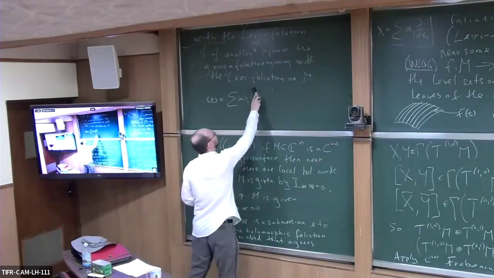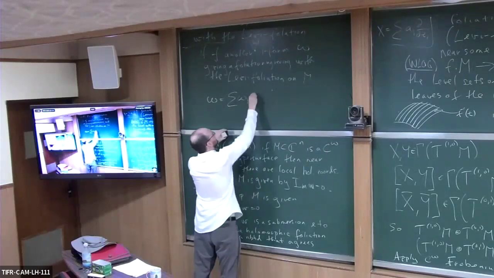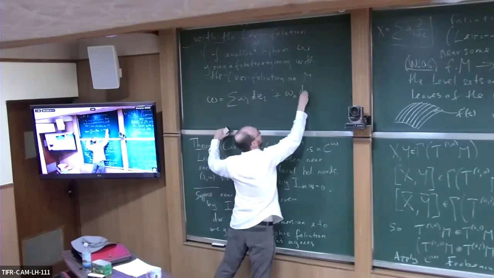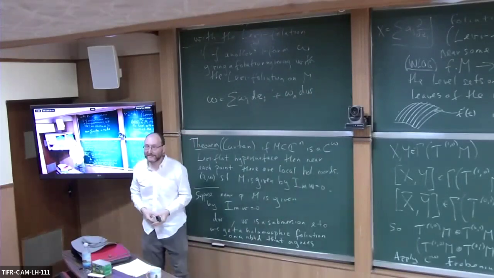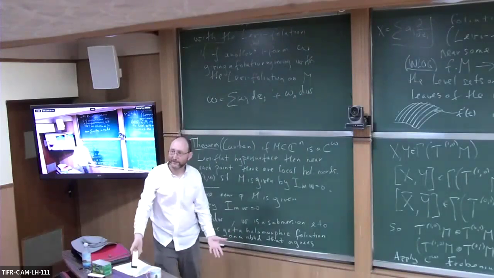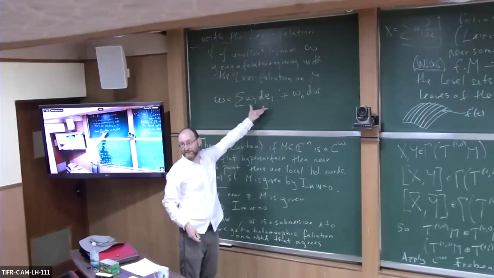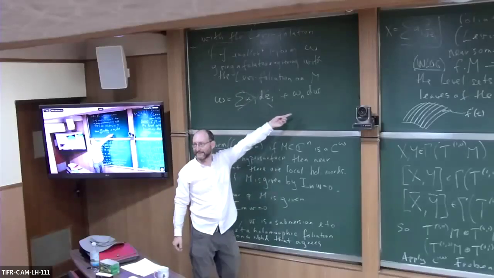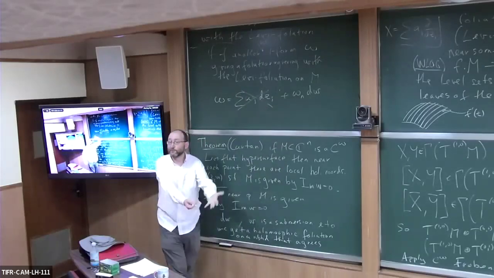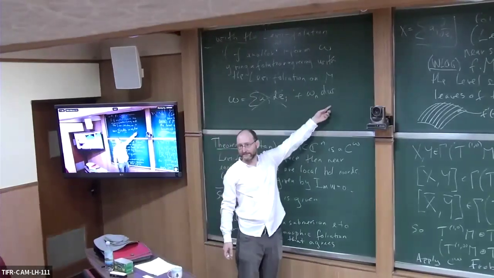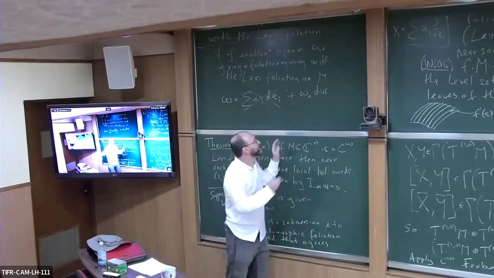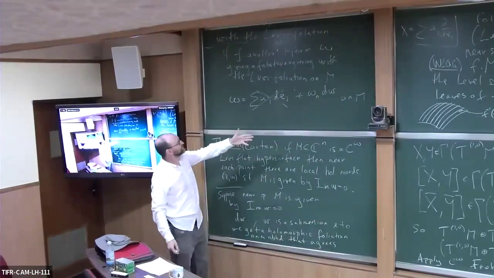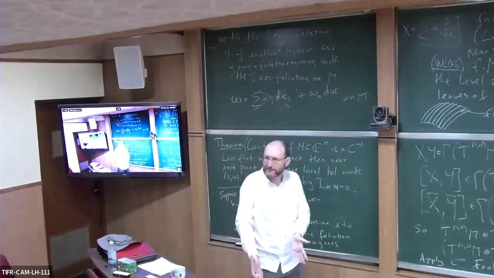So I have the j, and then I have omega and dw, but it has to point in the same direction. How could it point in the same direction? These are 0, so these are not there, and what I'm getting is just a holomorphic function times dw on M. But that means that's going to be true everywhere.